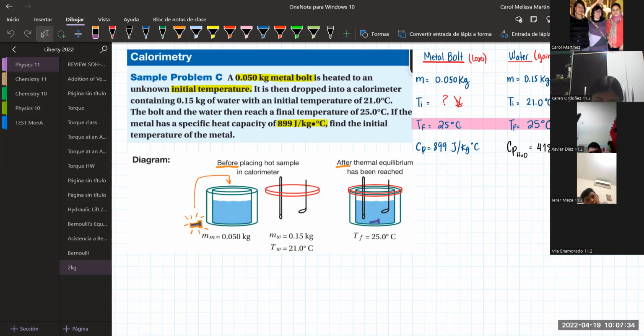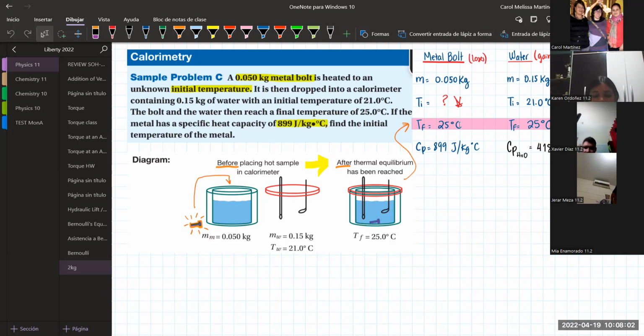And what's going to happen after? After, the metal bolt and the water are going to reach a thermal equilibrium. That means that the final temperature of the two objects is going to be the same.